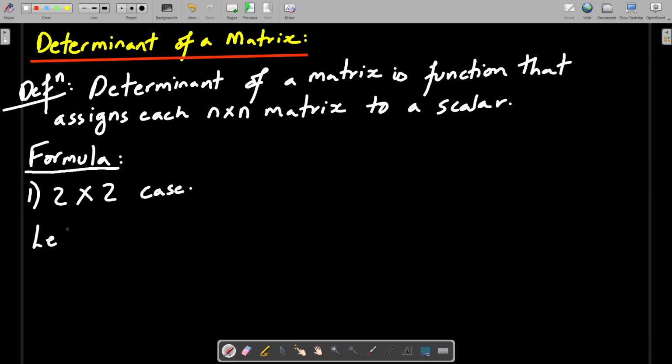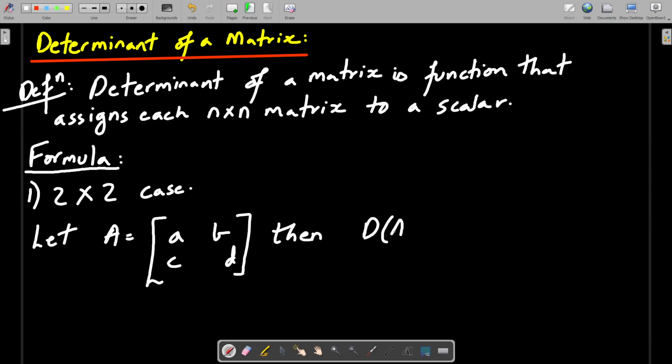So let A be equal to a 2 by 2 matrix which is given by A, B, C, D. Then determinant of A is given by A into D minus B into C. Okay, so in other words it's AD minus BC.